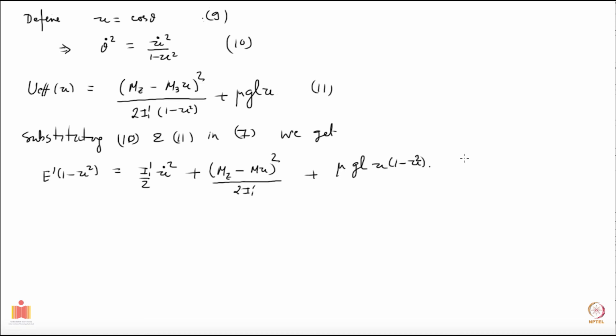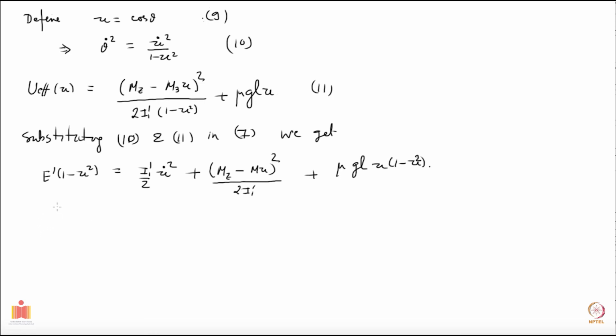Okay, so that's nice. Now what I will do is I will take the coefficient of u dot square and divide this coefficient throughout this equation. So I'm going to divide everything by i1 prime by 2 so that the coefficient of this becomes 1.